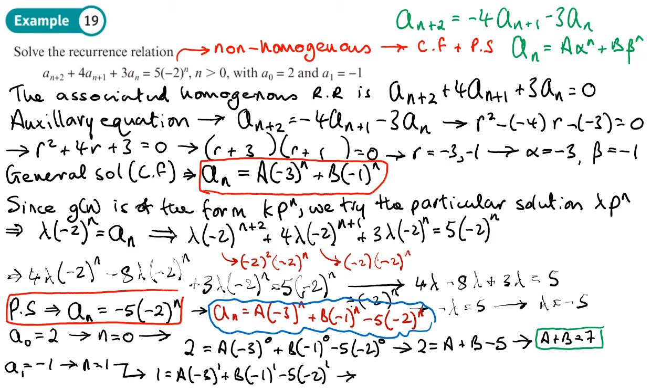All the power 1s will just be the number, so I'll have 1 equals negative 3A minus B plus 10.